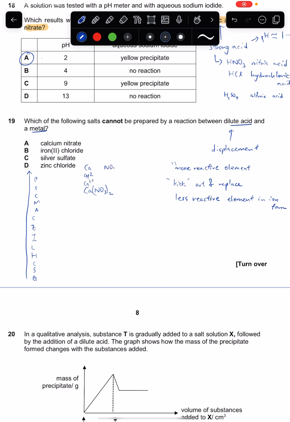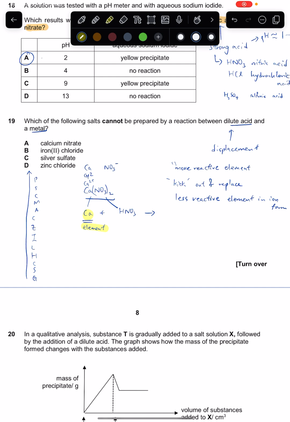Nitrate, if you recall, you need to memorize. So Ca2+, NO3-, you cross method, you get this. So this is made from what acid contains nitrate? Nitric acid. And you have a metal which is calcium. Let's color code it.